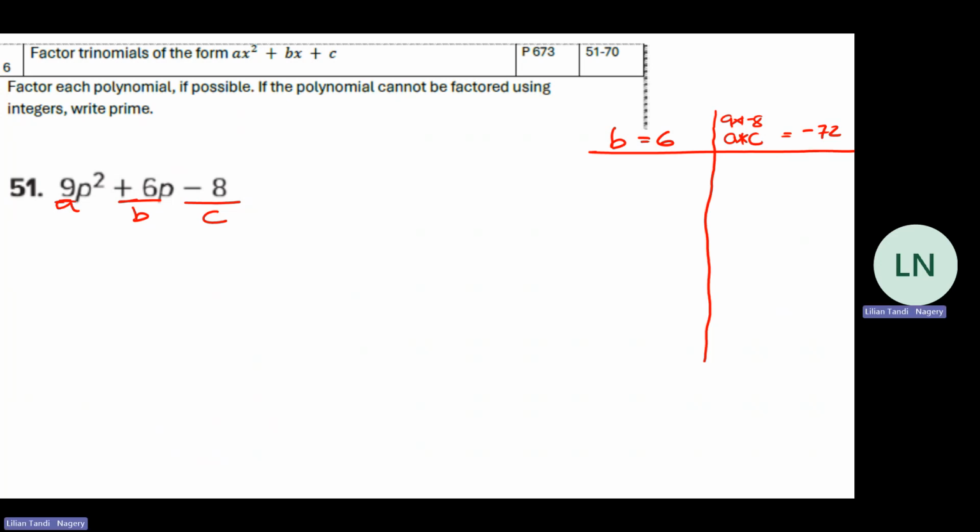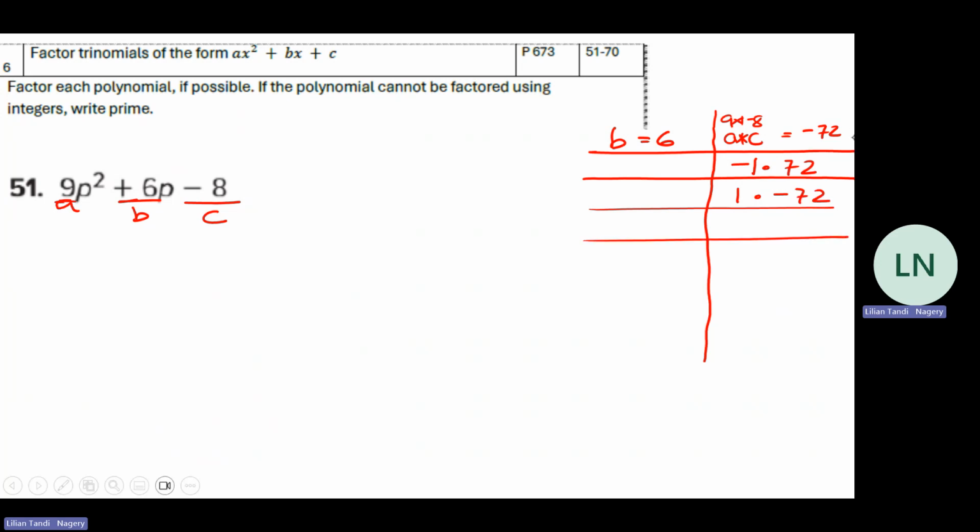Yes. Okay. Now factor out 72, -72. So that is -1 times 72, or 1 times -72. Then you ask yourself, does 2 go into -72? Yes. -2 times 36, or 2 times -36.